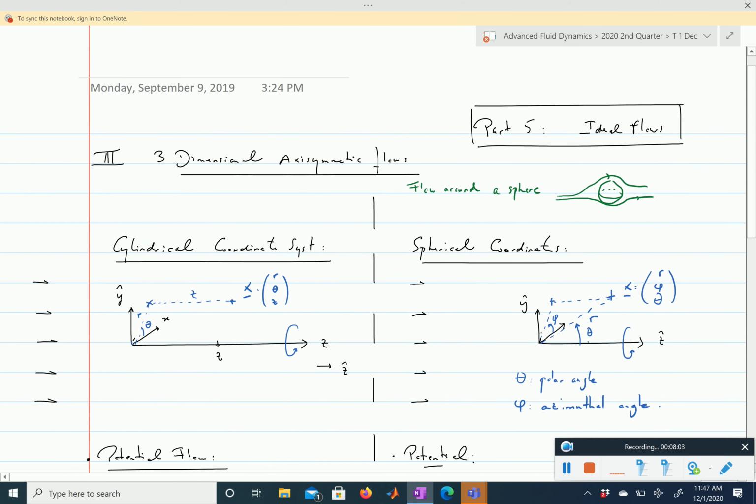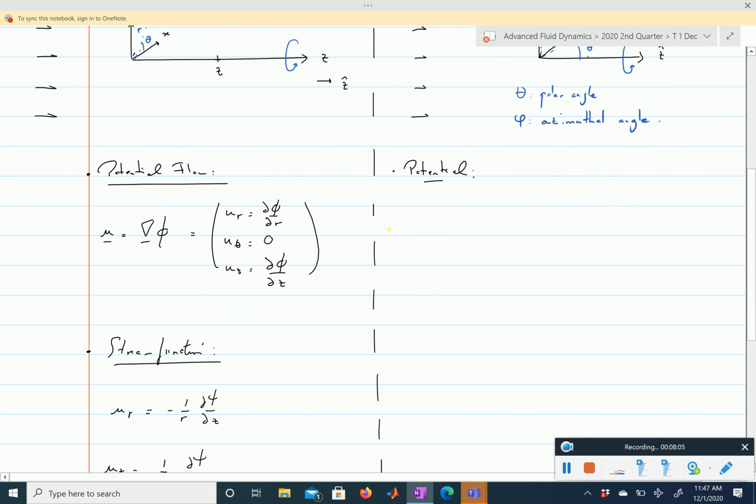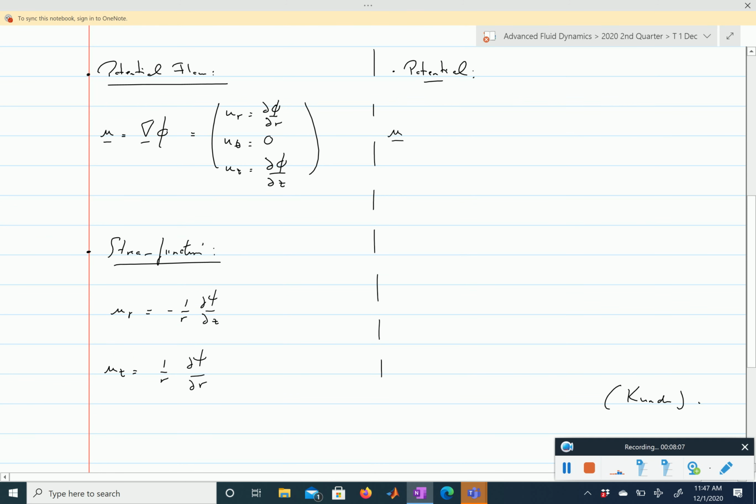Now moving on to spherical coordinates. Again, the velocity field derives from a potential. So it will have, in that case, three components. The component in the r direction is going to be dφ/dr, where φ is the potential. The component in the azimuthal direction is 0.